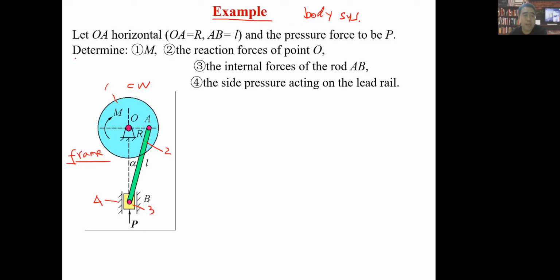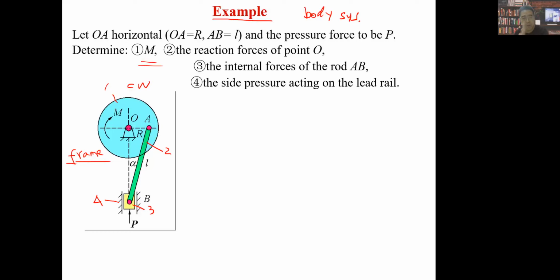So let us determine these four questions. If this body system is in equilibrium, let's find the value of M, right? And second, the reaction forces at point O, the internal force of rod AB, and the side pressure acting on the slider. Maybe you guys will find this is quite complex compared to the first one we just finished.